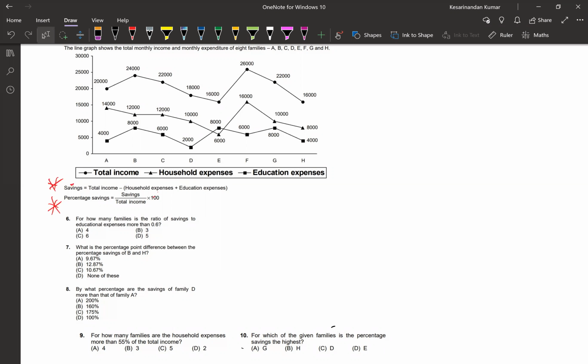Ashwin, did you use the same calculations in the 9th question that you had used for the 6th one? No, actually I didn't use any calculations. I took assumptions. Okay.